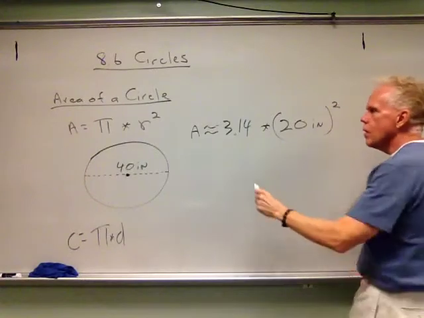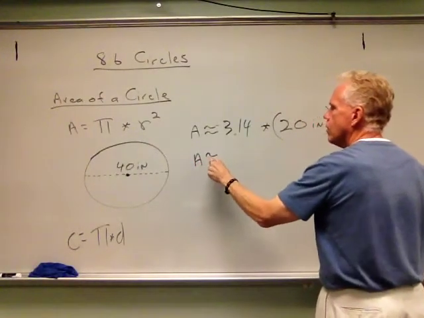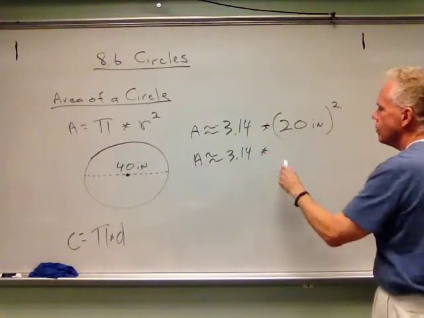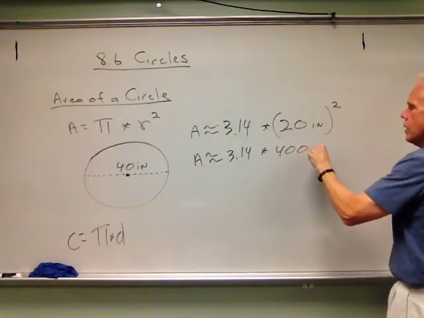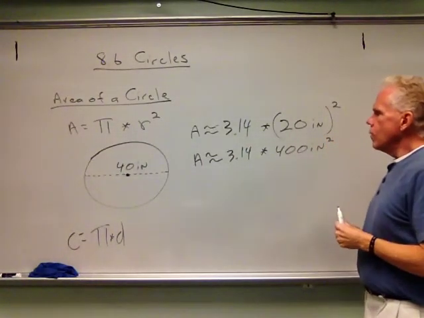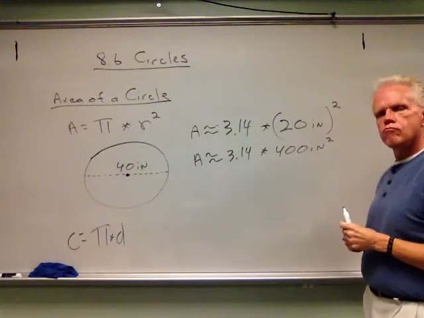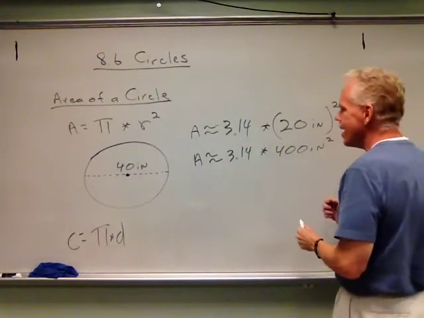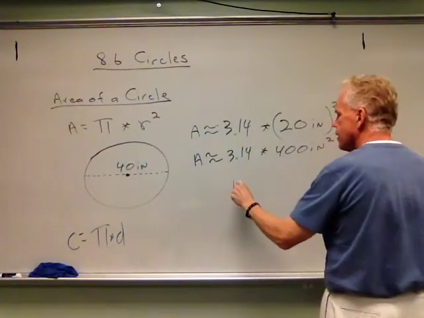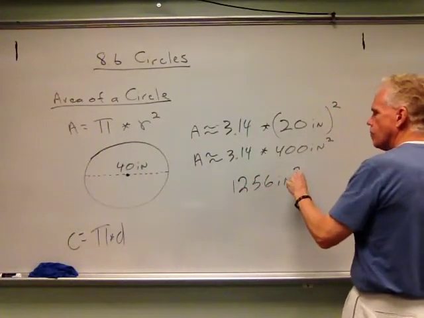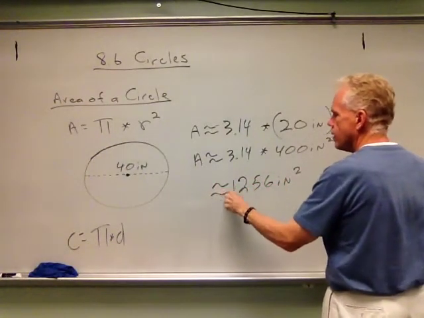Okay, so here we go. We're going to work this on out. We got 3.14 times 20 times 20, which is 400 square inches. Now, 3.14 times 400. I think it's 1256. Double check me on your calculator.